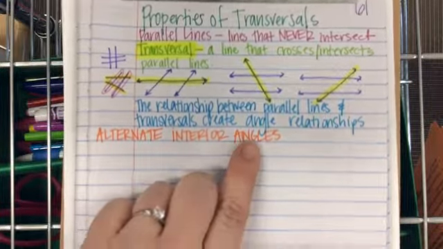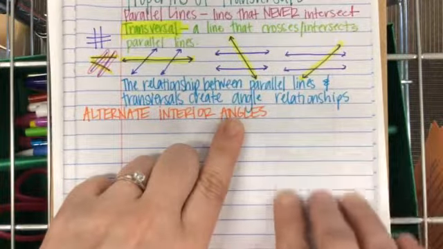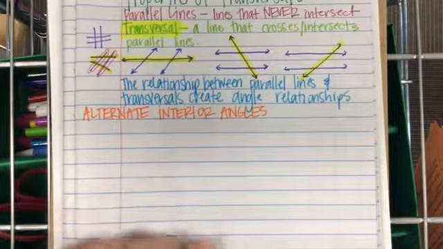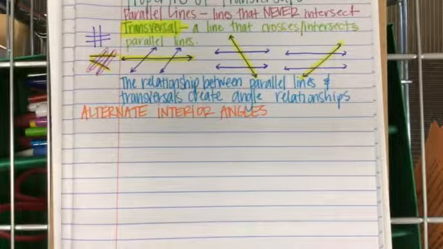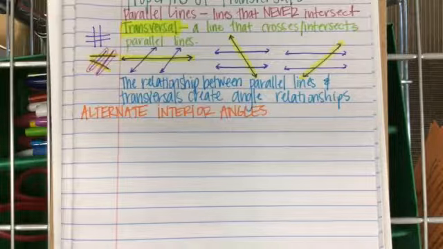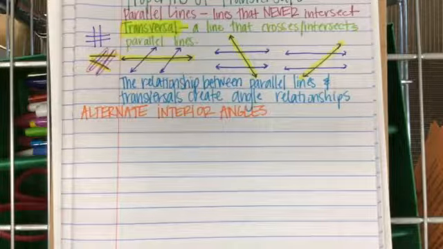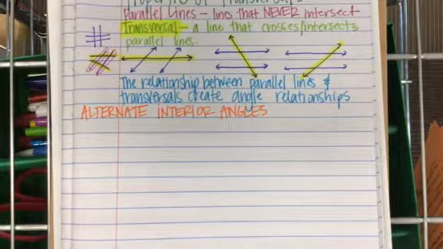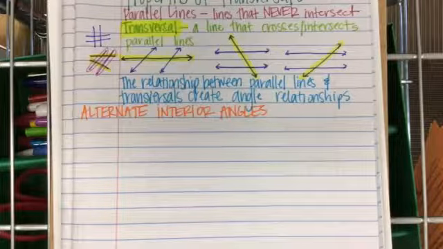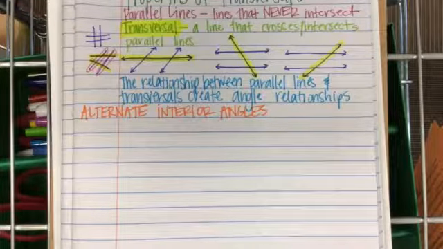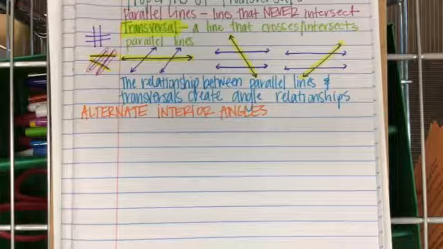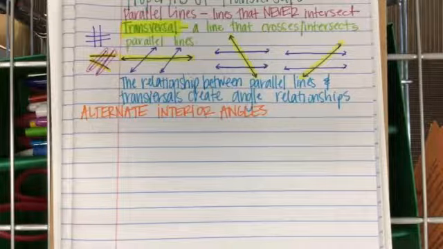Alternate interior angles, and then leave some space because we're going to fill this with pictures. Alternate interior angles. What does the word alternate mean? Opposite. You substitute, right? The opposite, or go back and forth.